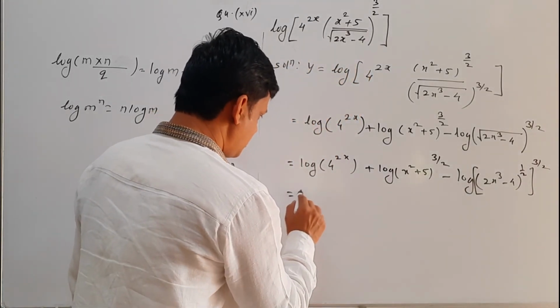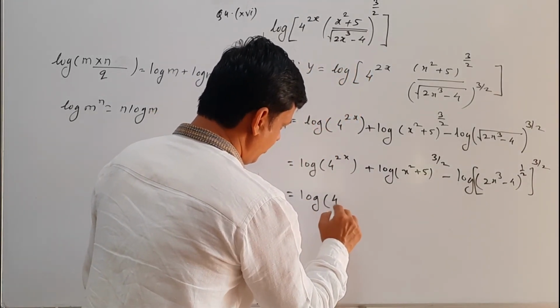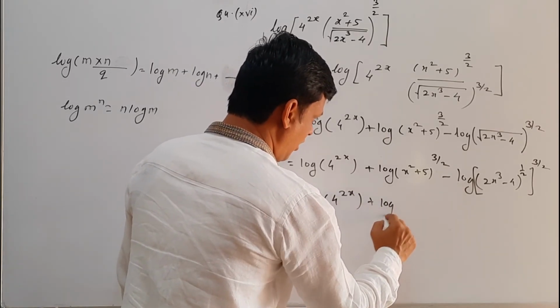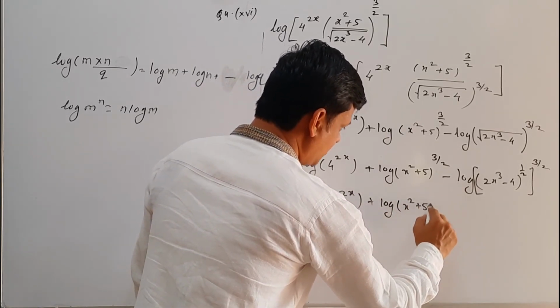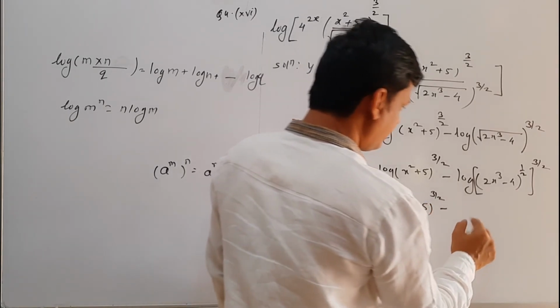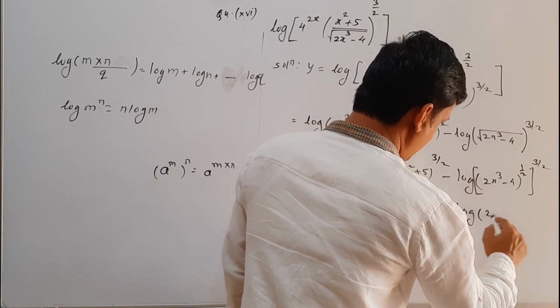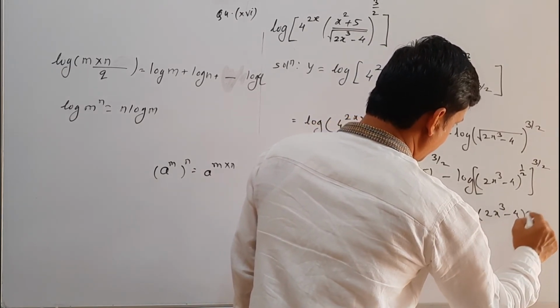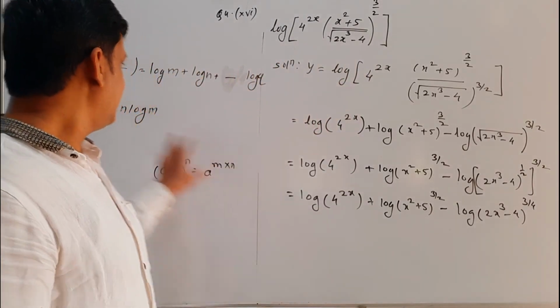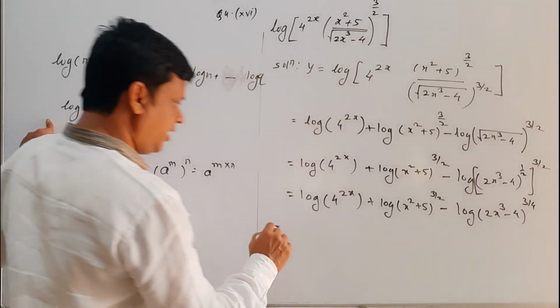That means we write 1 by 2 and 3 by 2 in product form, that is 3 by 4. So in the next step we write log of 4 raised to the power 2x plus log of x square plus 5 raised to the power 3 by 2 minus log of 2x cube minus 4 raised to the power 3 by 4. Now we apply the second property for each term.